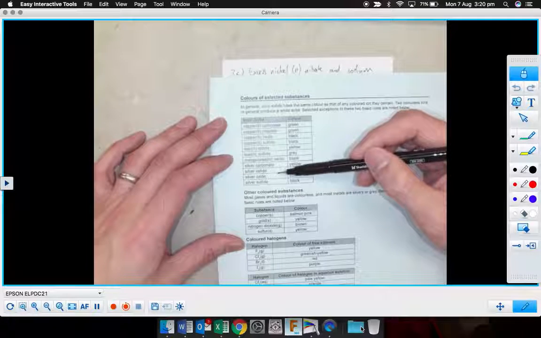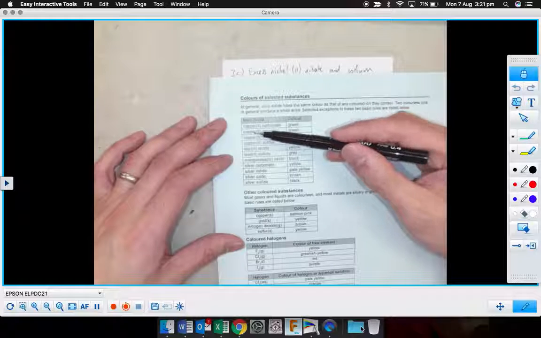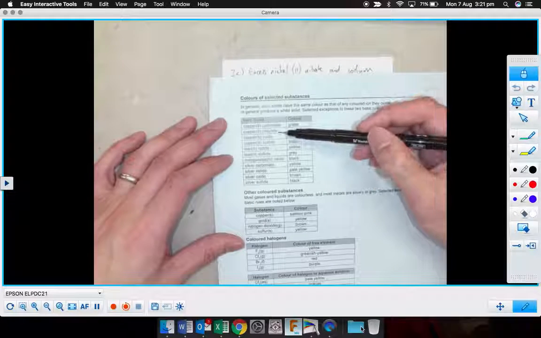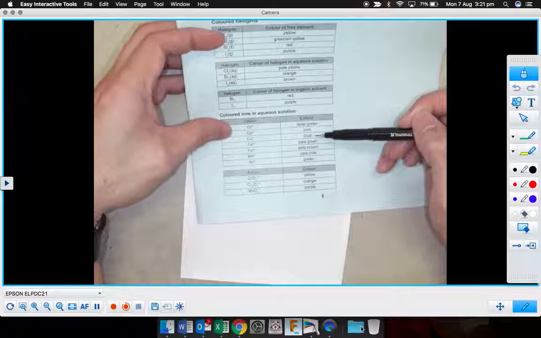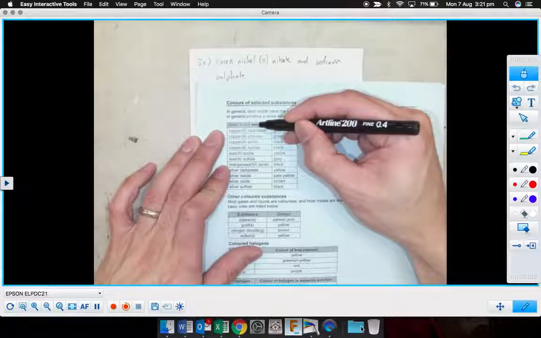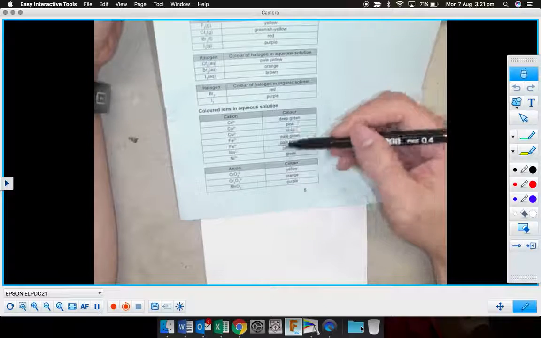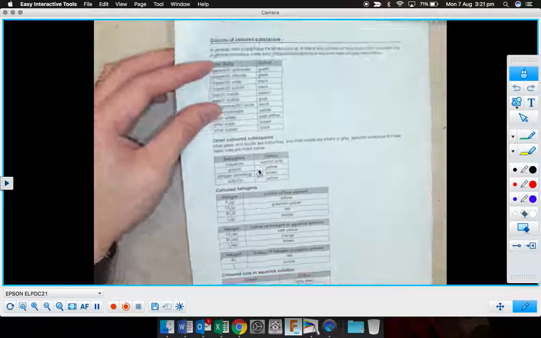Copper 2 chloride is soluble in water. So this will be green as a solid, but when it dissolves in water, it'll be blue as an ion. Okay, so you've got to make sure that you only use this table if it is a solid. Okay? But then you can use this table only if it is in ionic or if it's not in that table above. All right?